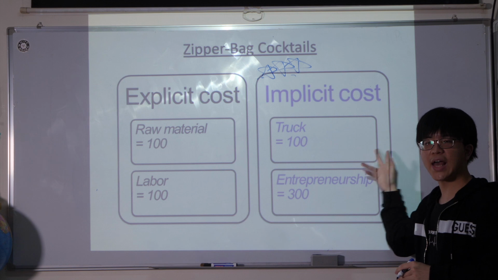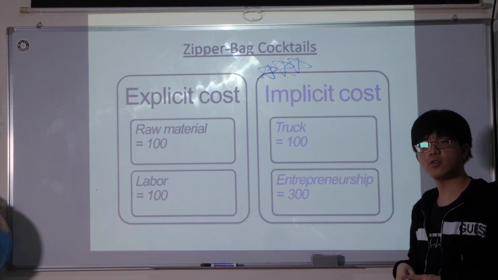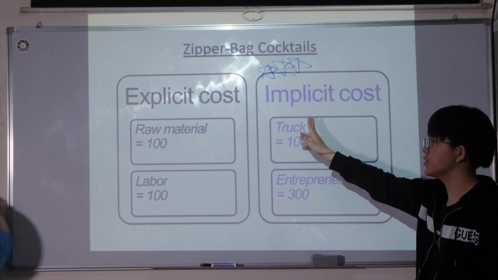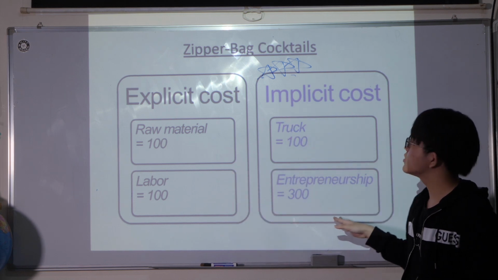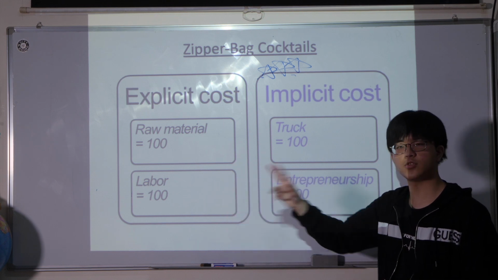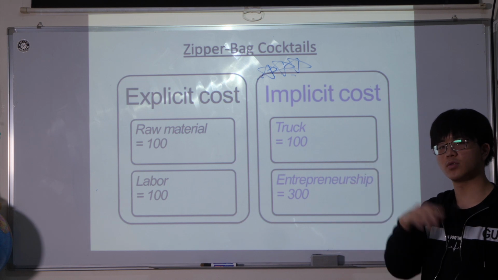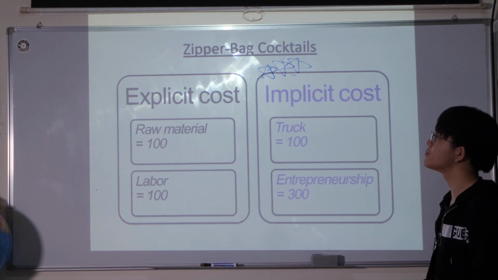So we lose that income when we use this truck to sell our cocktails. Therefore, our total cost is explicit cost plus implicit cost, which is 100 plus 100, 200, plus 100 plus 300, 400, which is in total 600 US dollars. So let's move on.